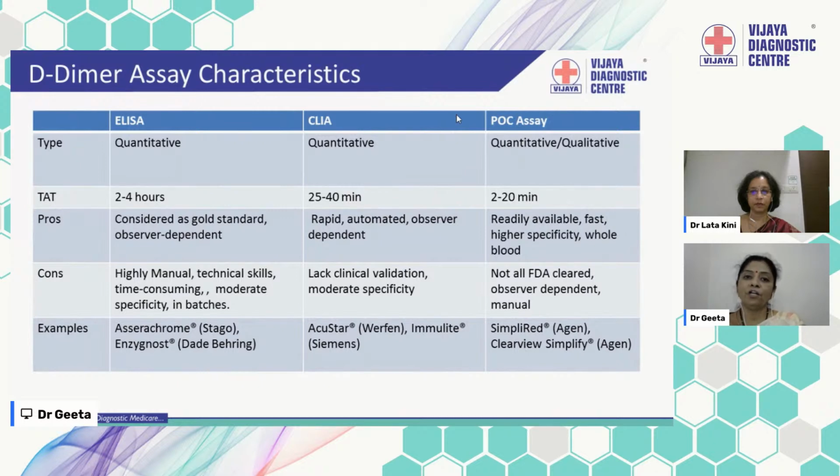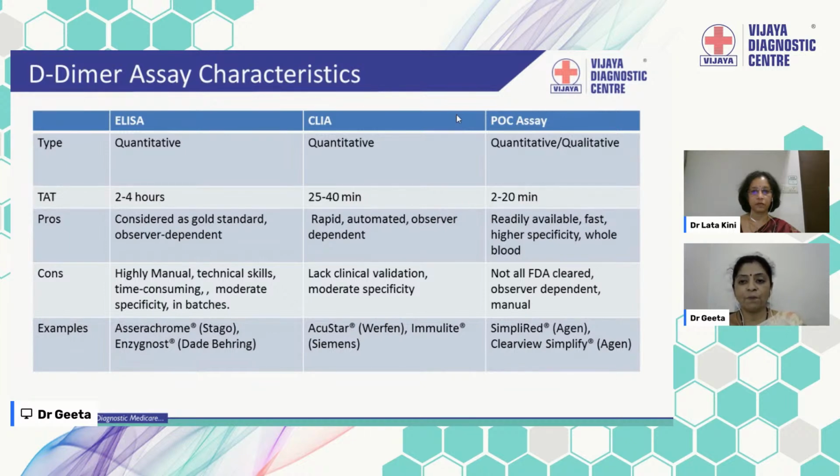Coming to CLIA or immunoturbidimetry, it has moderate specificity. It also needs to be run in batches. It is automated and much less laborious compared to ELISA, and the turnaround time is around 25 to 40 minutes, which is very important. Further, there are some point of care assays which can be used in hospitals and are readily available.